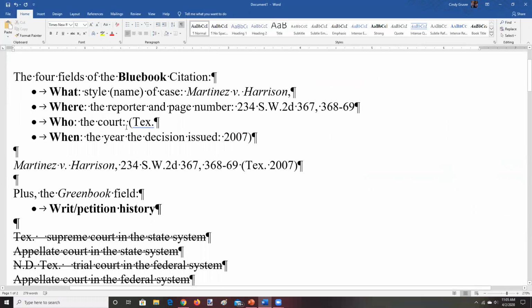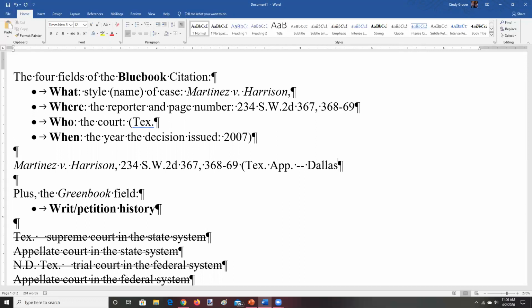So we're going to go back to Martinez versus Harrison, and we're going to pretend this is not the Texas Supreme Court, but we'll say it's the Dallas Court of Appeals. So we're going to have a space after our pinpoint cite. We're going to open parentheses. I'm going to do TX space APP period space N dash space, and then I'm going to say Dallas.